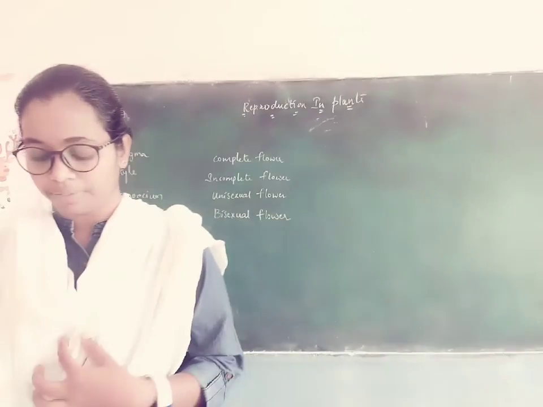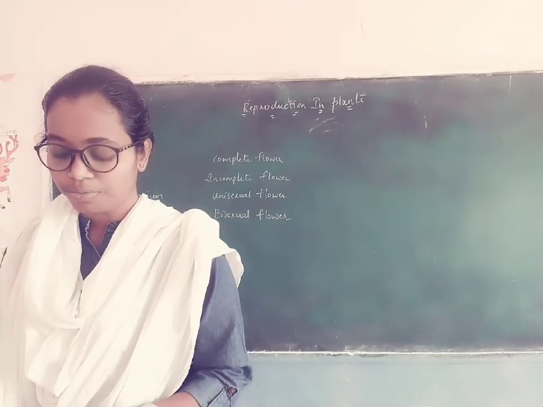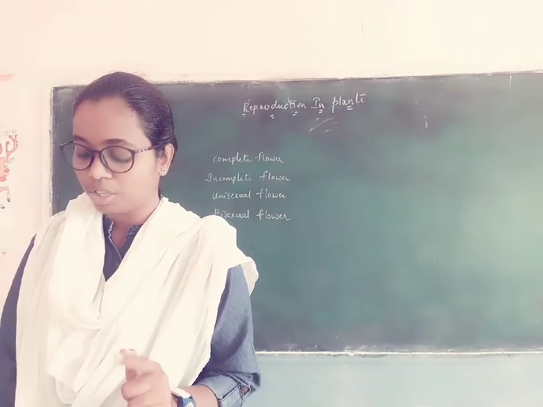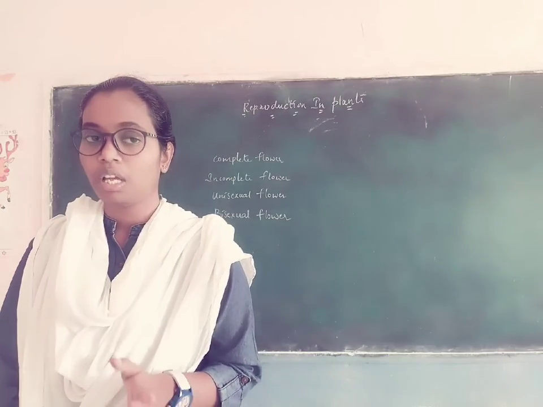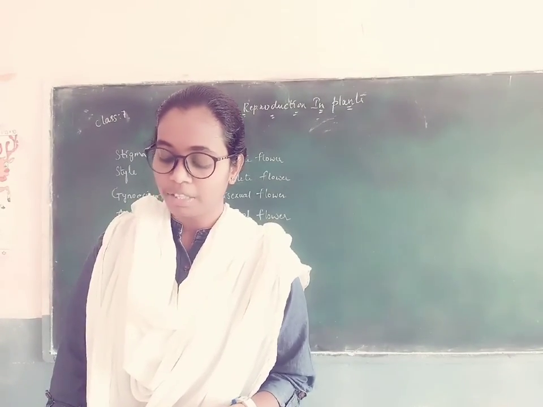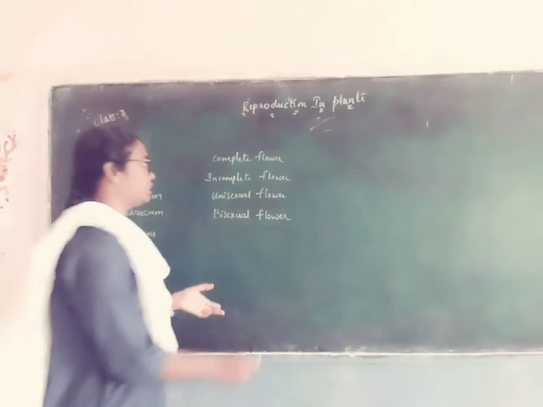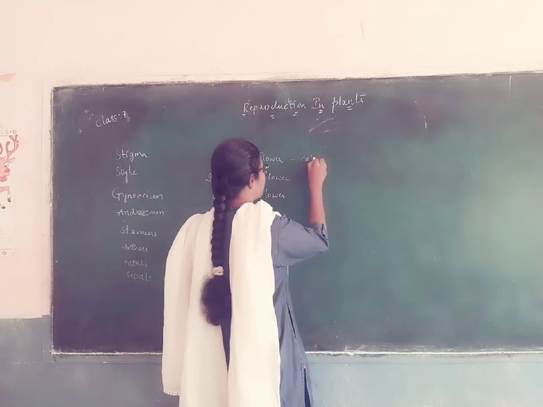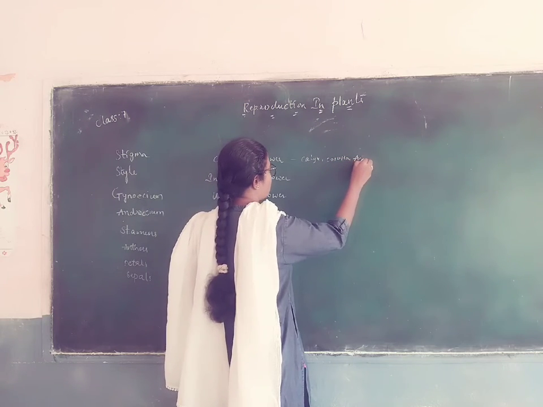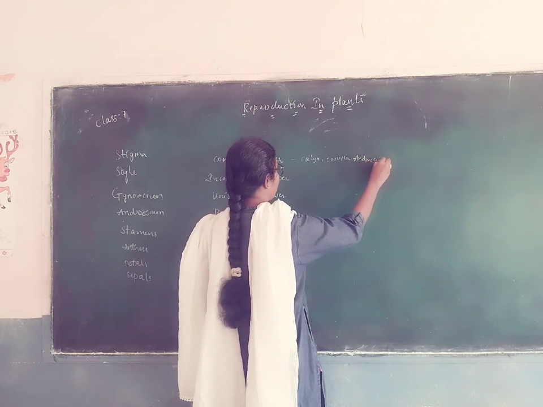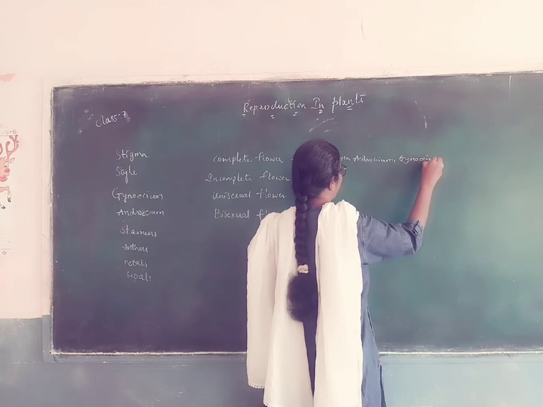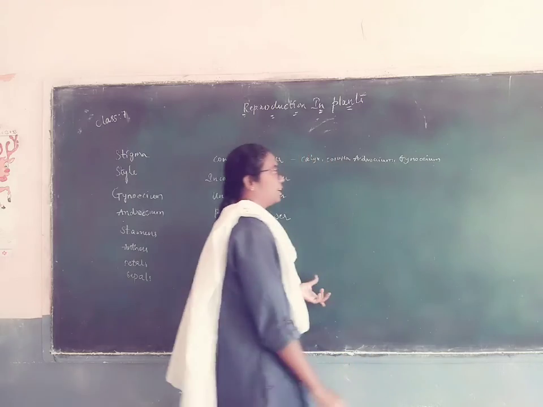A flower that has all 4 rows, at least one each of calyx, corolla, androecium and gynoecium, is called a complete flower. So a complete flower should contain calyx, corolla, androecium, that means male parts, and gynoecium, the female parts.